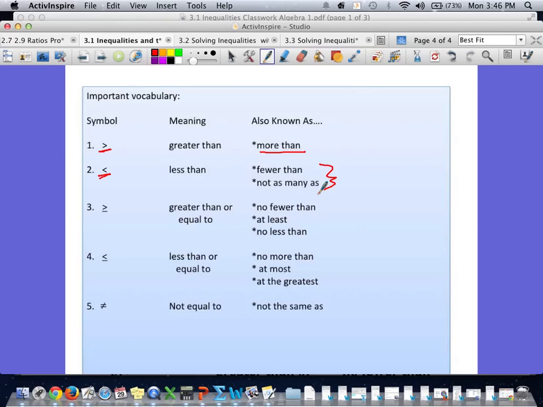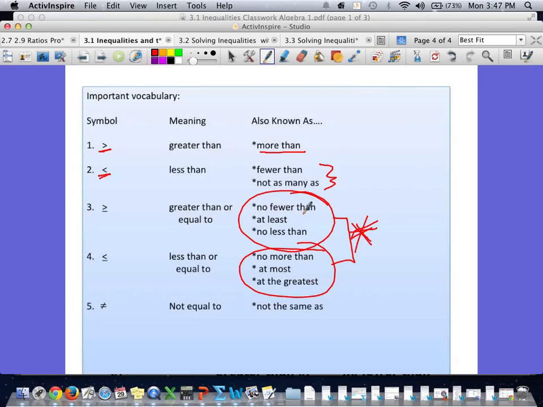Greater than or equal to is no fewer than, at least, or no less than. These they like to use a lot. Less than or equal to is no more than, at most, at greatest. Very important. So please be familiar with them and try to make sense of what it is.